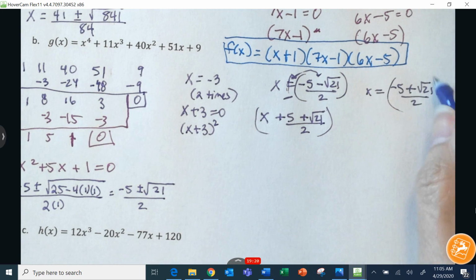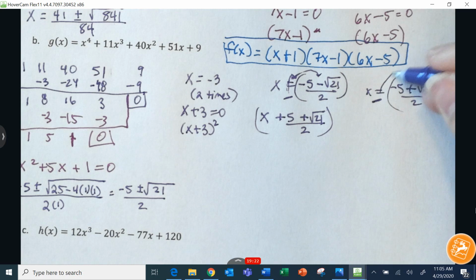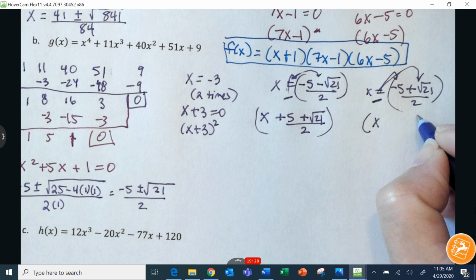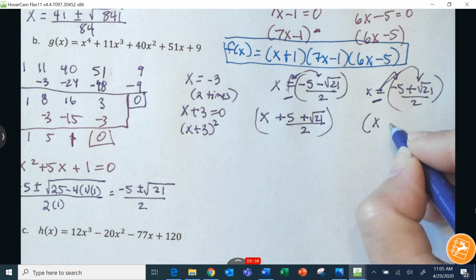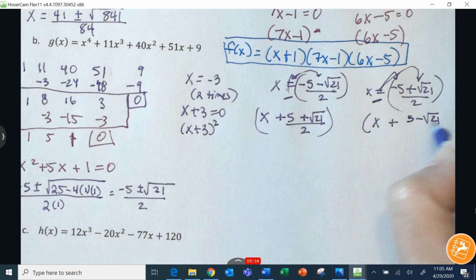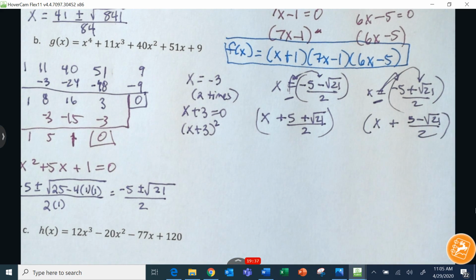And same thing over here, we're going to subtract it. So that will distribute the sign when I subtract it. And I'll have x, and then we'll have plus 5 minus square root 21 over 2 as that factor.